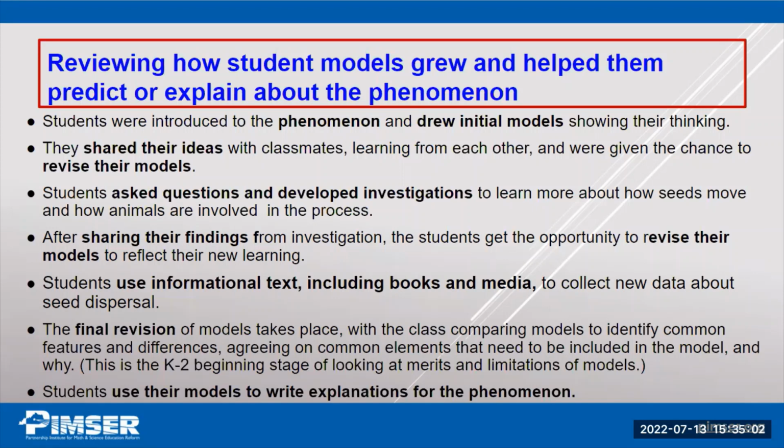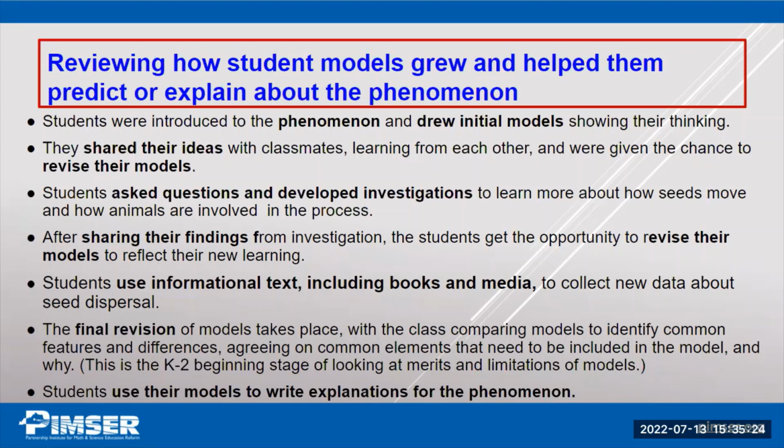The final revision of their models then takes place with the class comparing models to identify common features and differences and agreeing on some common elements that need to be included in the model and why. This is the kindergarten through second grade beginning stage of looking at merits and limitations of models.